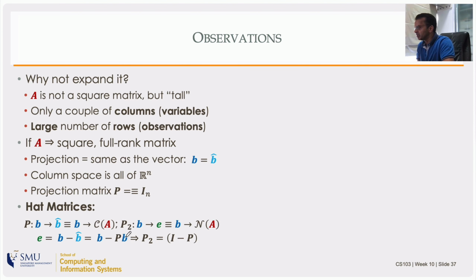And there is another hat matrix, typically called P2, that takes a B and gives you a vector in the left null space. It's the other hat matrix. It's basically just I minus P. There is a box in the textbook actually explaining this to you. It's not that critical for our application in computer science, but just in case you read up something online, you might hear about hat matrices and you might think that I did not teach you this one.